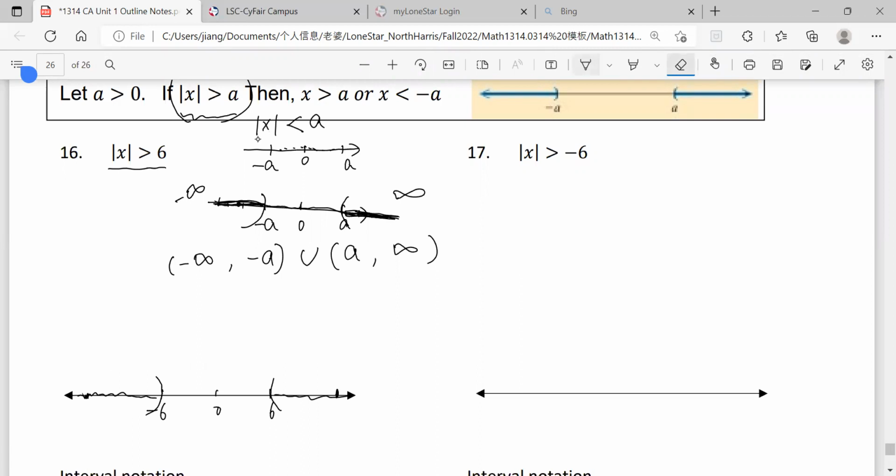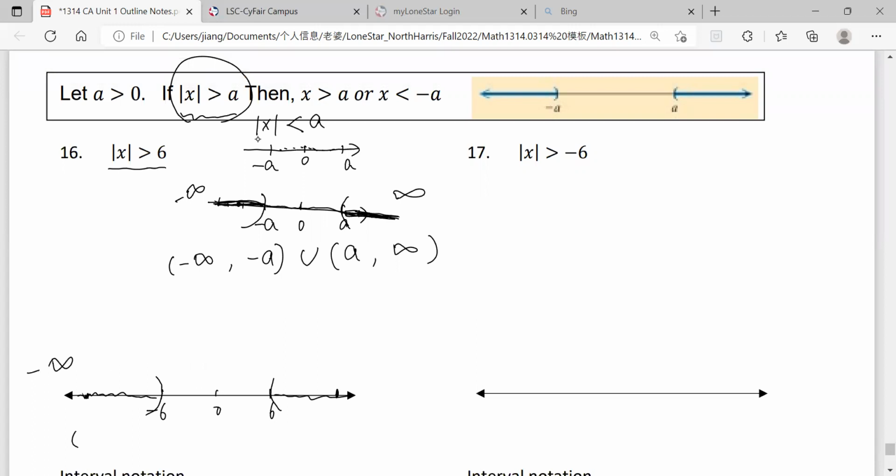So the interval notation is -infinity to -6 with a parenthesis, union, which means or, I can also choose another part, 6 to infinity. So this is the interval notation.